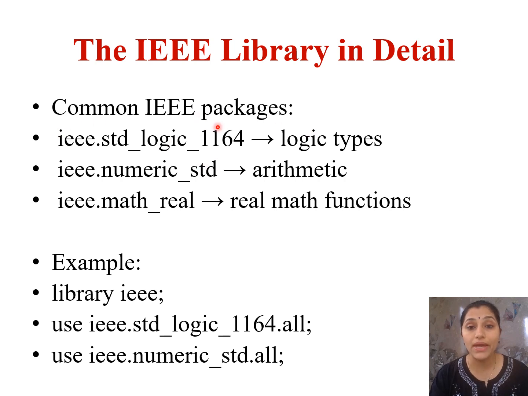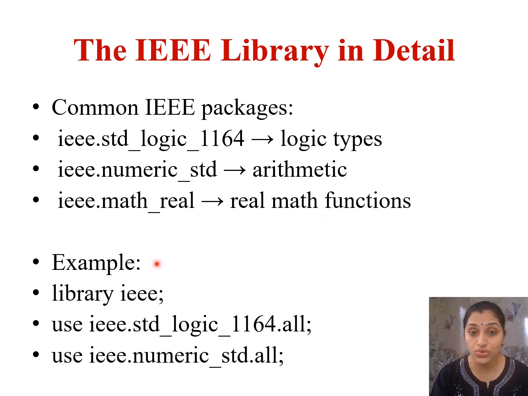The common packages which library IEEE has are IEEE.std_logic_1164 package. It has logic types. All logic types are stored in this package. Numeric_std has arithmetic types. Then math_real is included to perform mathematical functions.